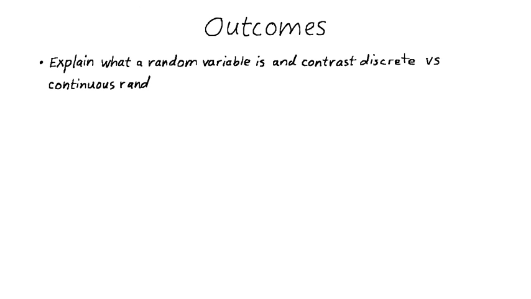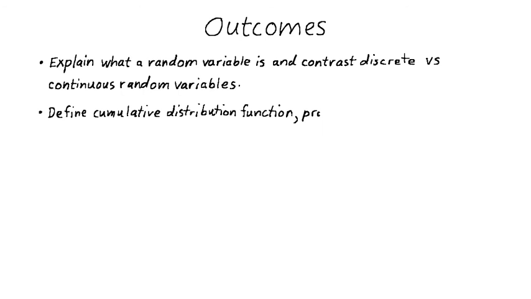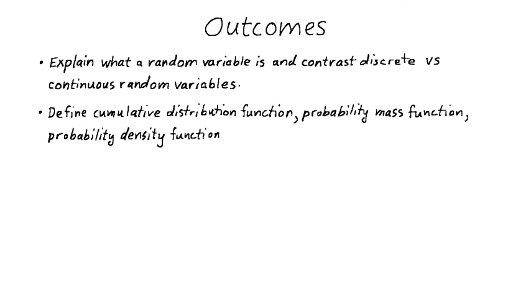Once you've come to terms with the ideas presented in this video, you should be able to do the following. You should be able to explain what a random variable is, and you should be able to contrast discrete random variables against continuous ones. You should be able to define the cumulative distribution function, probability mass function, and probability density function.